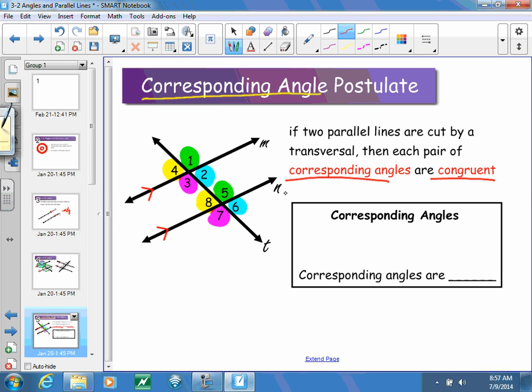So I have M and N being parallel to each other, and T is the transversal line. Now we end up with congruent angles. That's the corresponding angle postulate: corresponding angles are congruent. This means that angle 1 is congruent to angle 5, angle 4 is congruent to angle 8, angle 3 is congruent to angle 7, and angle 2 is congruent to angle 6.